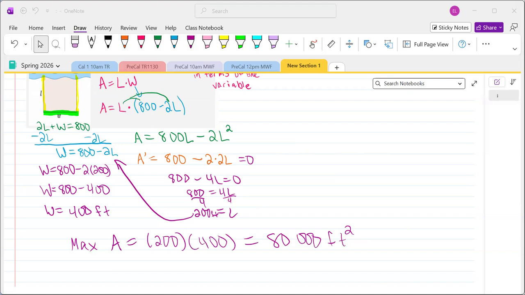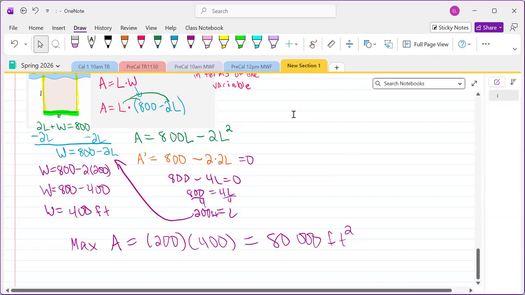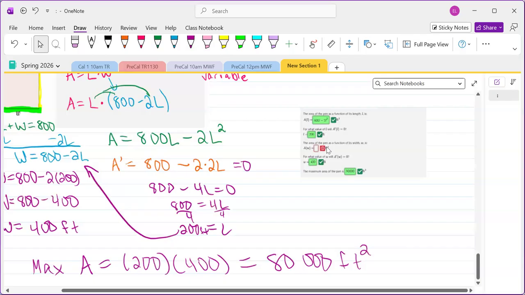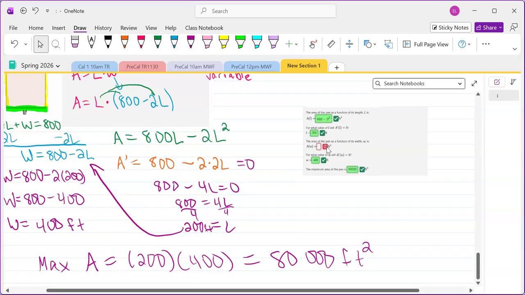I'm just typing it in real quick so I can give you guys a screenshot of what it liked and what it didn't like, or more what we didn't actually solve for. So they asked for the area of the pen as a function of its length. That is the formula we got here, 800L minus 2L squared. And then we solved for L.